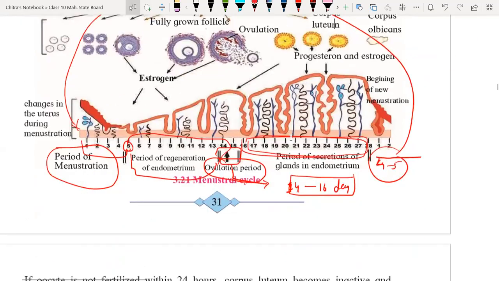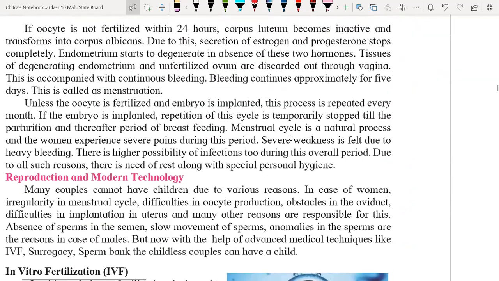Done, sir. Okay. Now, the next part: if the oocyte is not fertilized within 24 hours, the oocyte has to get fertilized within 24 hours for the woman to get pregnant. If it is not fertilized, the corpus luteum becomes inactive and transforms into the corpus albicans.